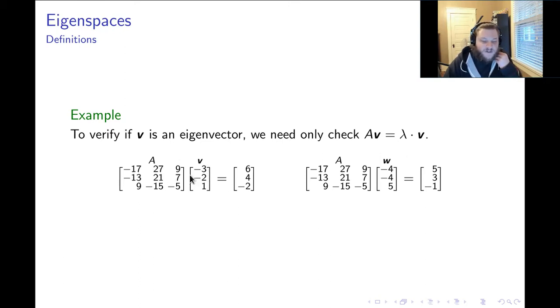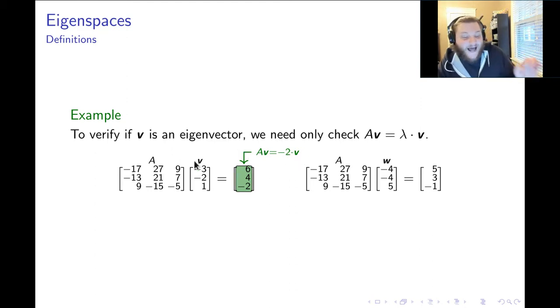And when we do this matrix vector product, we produce the vector 6, 4, negative 2. Well, one thing to notice is that 6, 4, negative 2 is negative 2 times the vector v. So this is actually communicating the equation A times v equals negative 2 times v. That's telling us that v is an eigenvector of A, and the associated eigenvalue is negative 2.